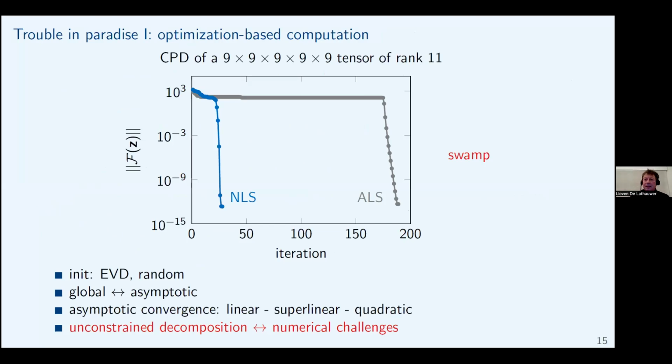In reality, the situation is not like you have a data tensor and you find the decomposition such that the sum of rank 1 terms is exactly equal to your data tensor. There is always noise. The data are imperfect. And everything that I have been saying so far is like an ideal picture in which we assumed that everything was exact, that there is no noise, no imperfections and everything.